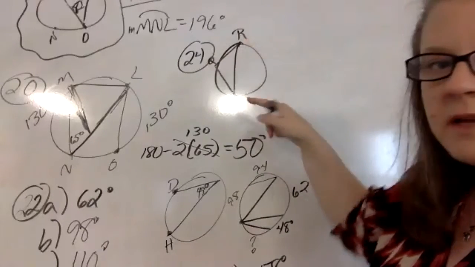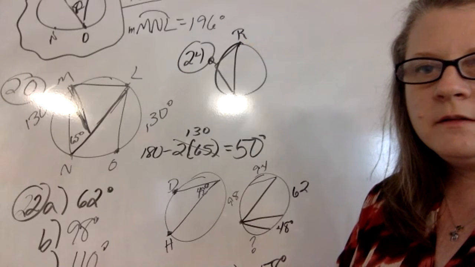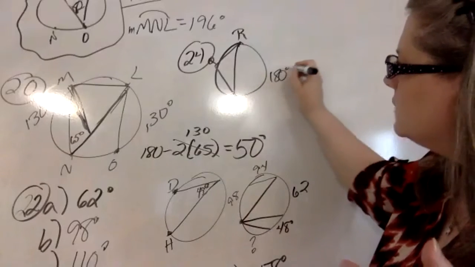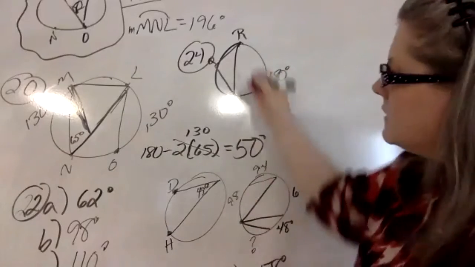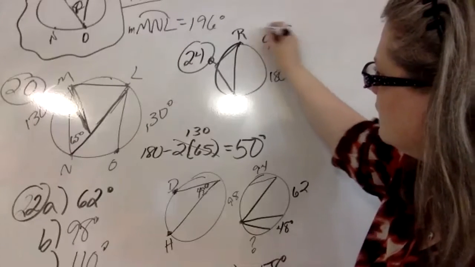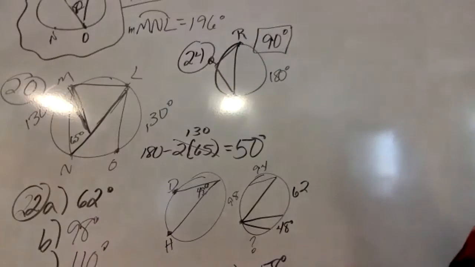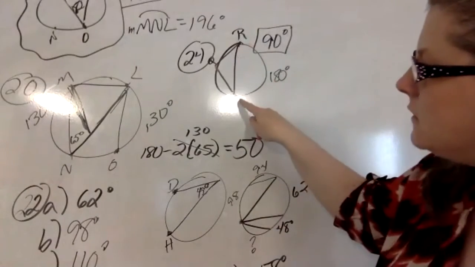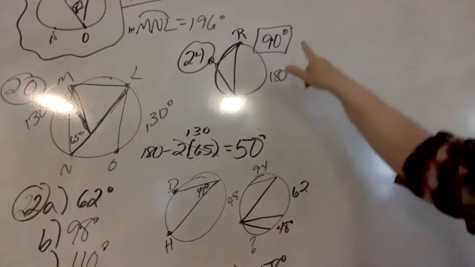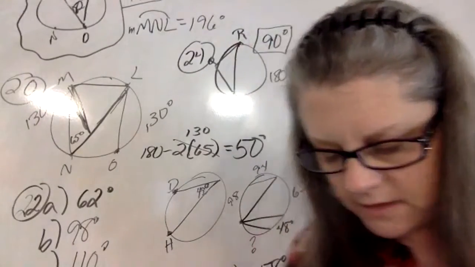Half of a circle is going to be how many degrees? 180 degrees. So the measure of angle RQT is going to be 90. Half of 180 is 90. When you have an inscribed angle intercepting a semicircle, it's going to be a right angle. That was one of your theorems in your notes for section 8.4.